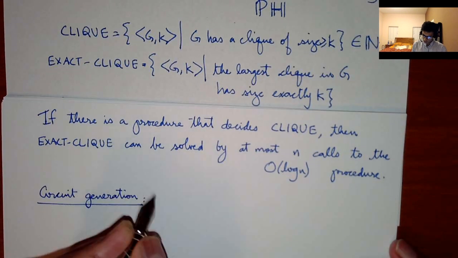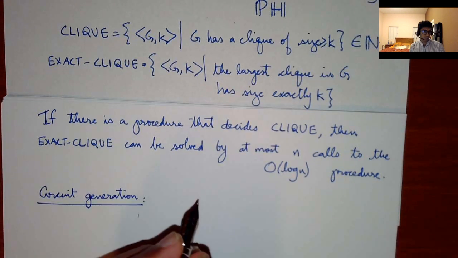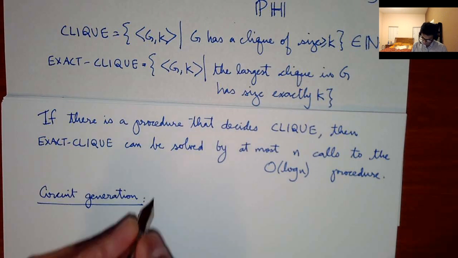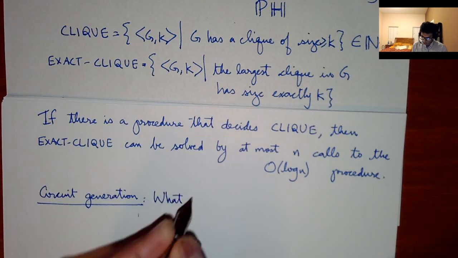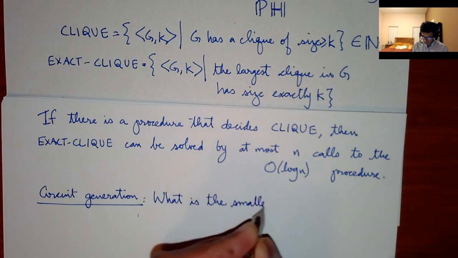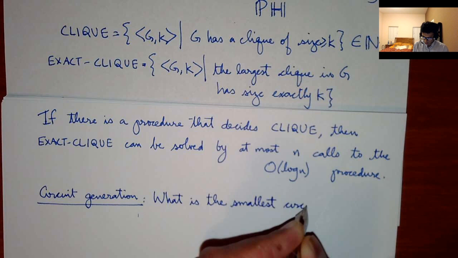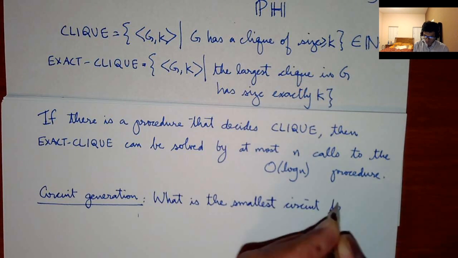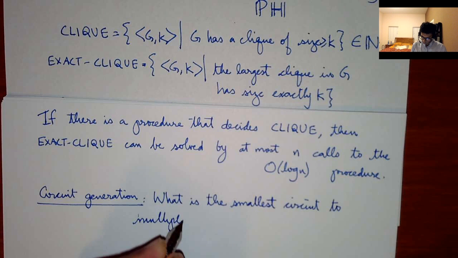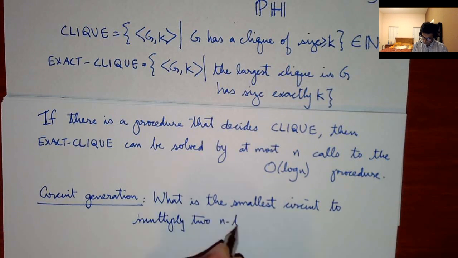And the question was, you could think of circuit design, right? Let's say you have to construct a circuit in silicon. What is, and this really started off with, what is the smallest circuit to, let's say, multiply two n-bit integers.